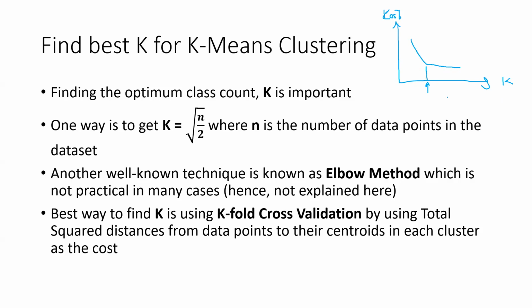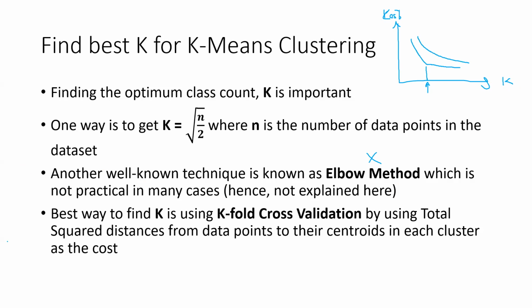But most practitioners in this field say that this elbow method is not a good method to define the k value, because in general this is not how it really happens, but it would be something like this, where you would not be able to find the real elbow point. So this elbow method will not be practical.